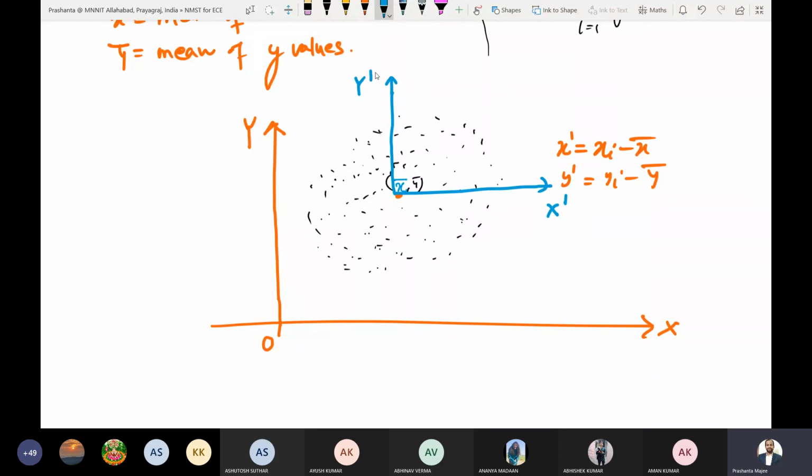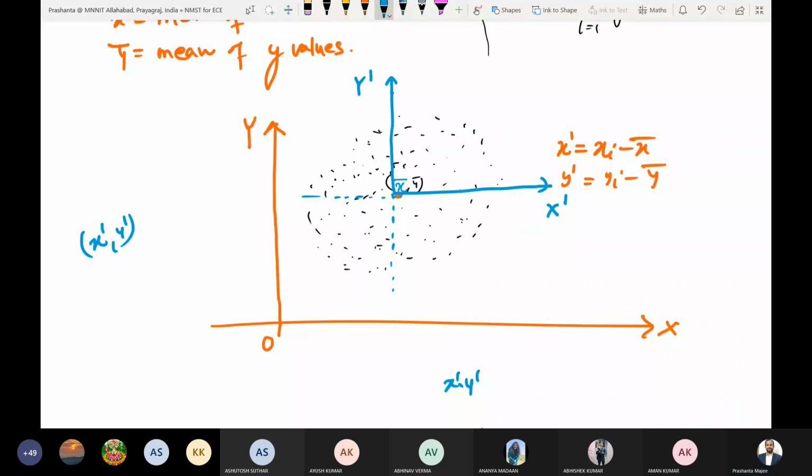So if you take any point x dash, y dash with respect to this coordinate axis, when will their product x dash into y dash be greater than 0? If they are lying in first quadrant or third quadrant with respect to the new coordinate axis.